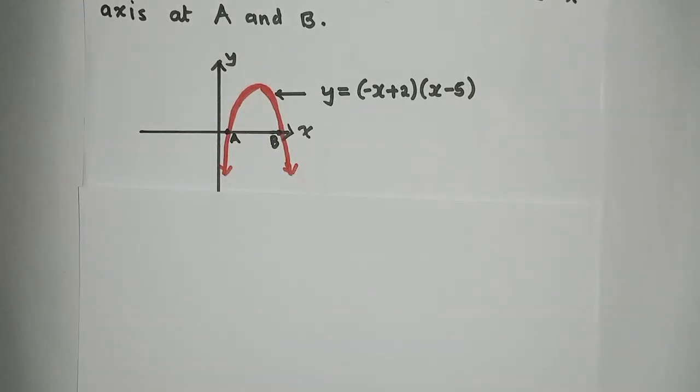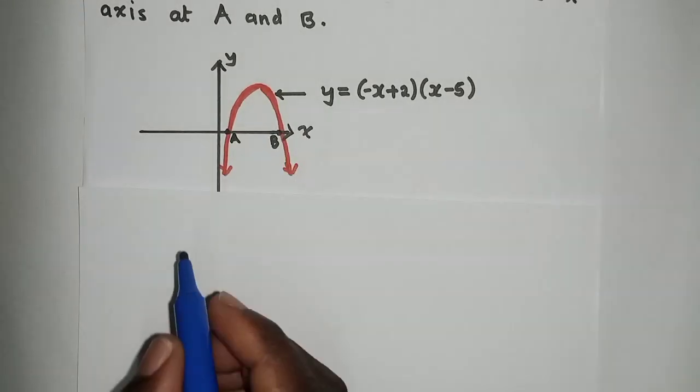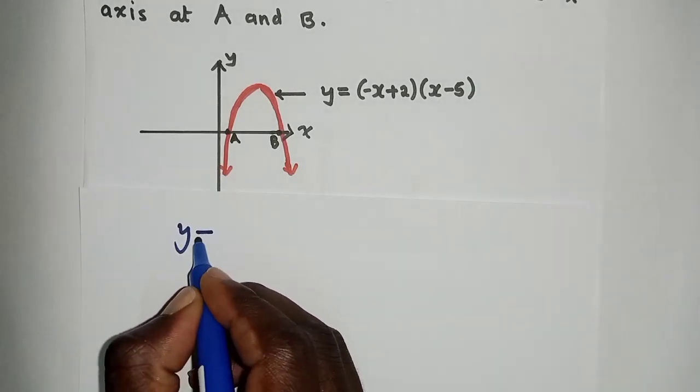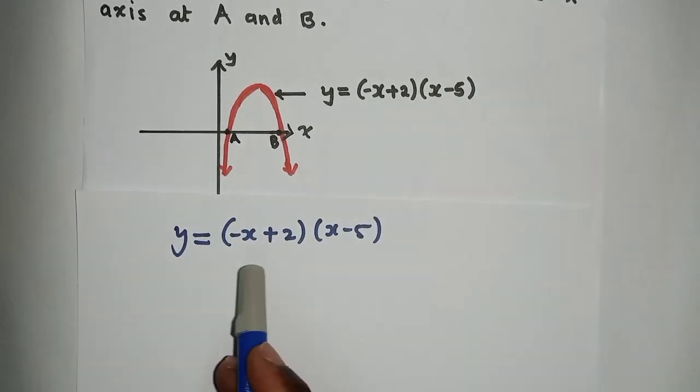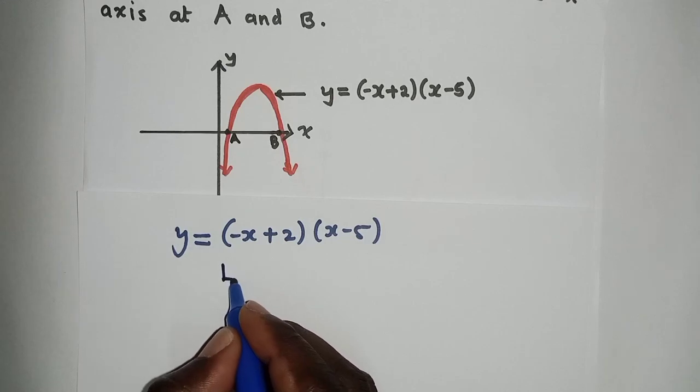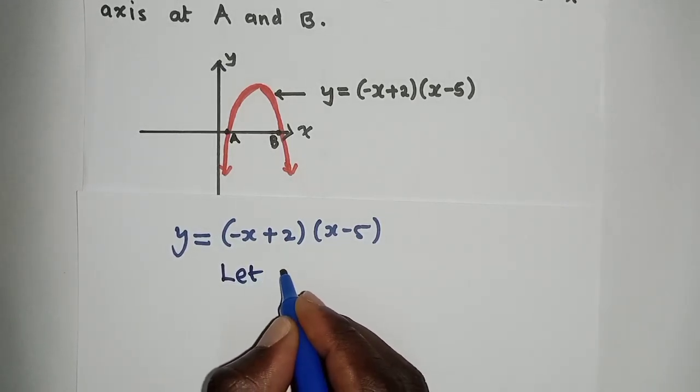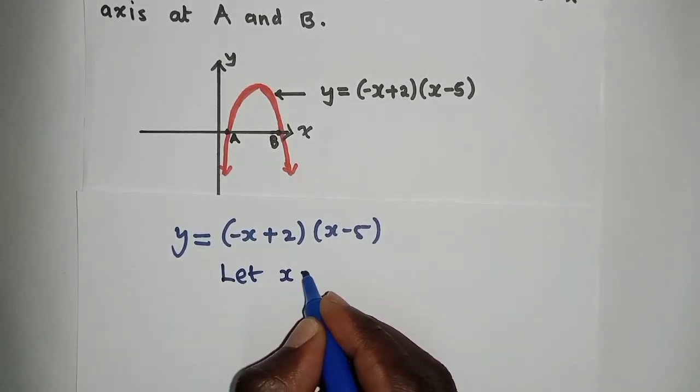So what we can do here is just to say y is equal to, after copying this function, we will just let x be equal to 0.